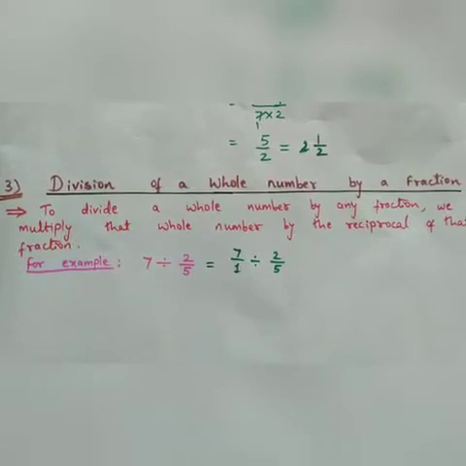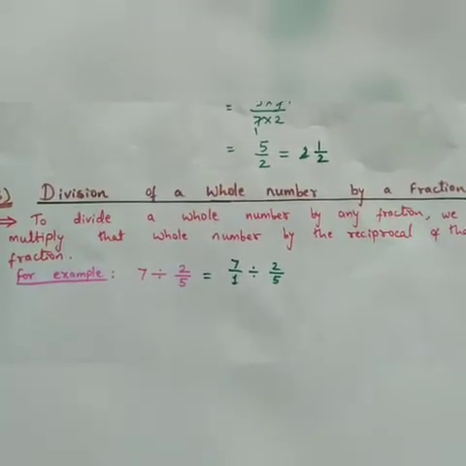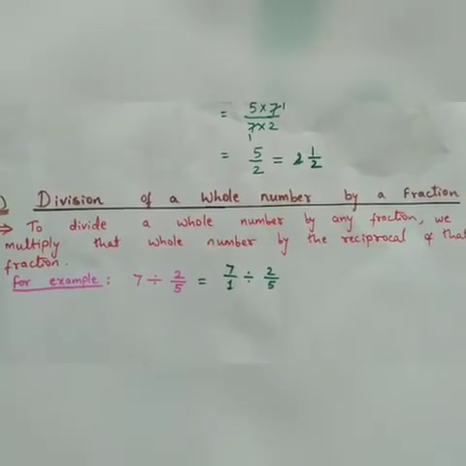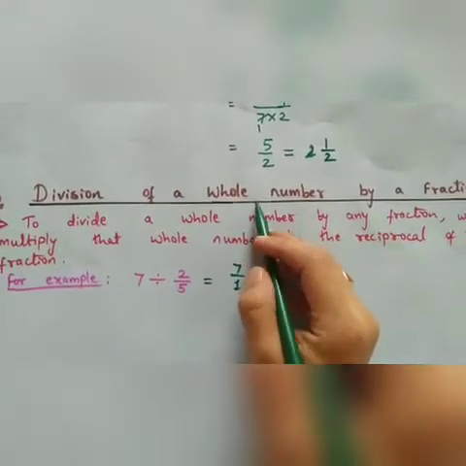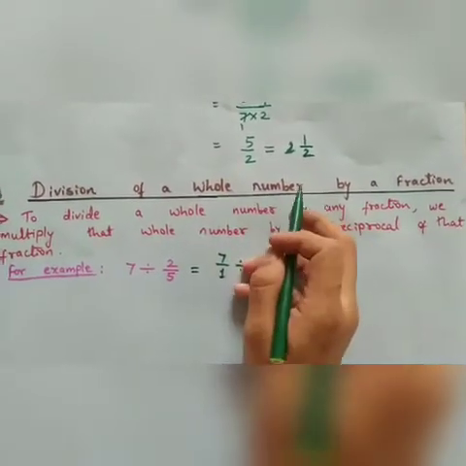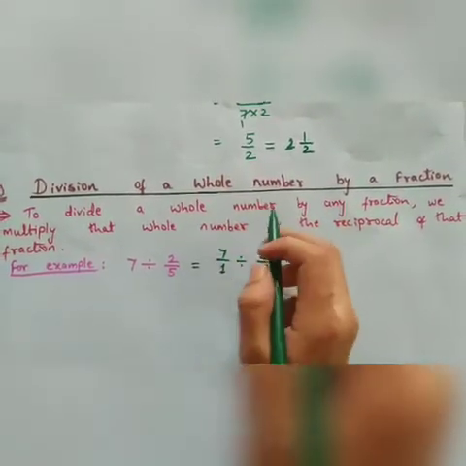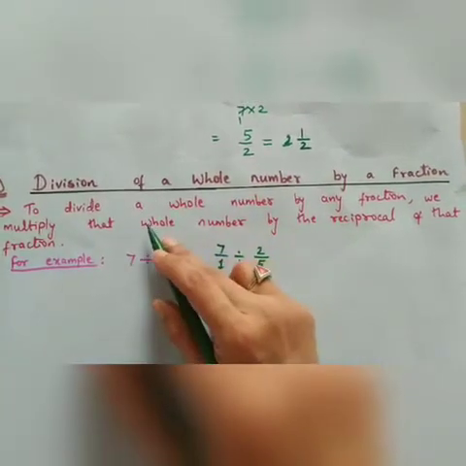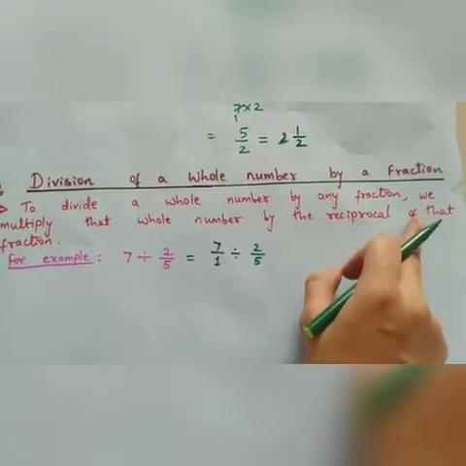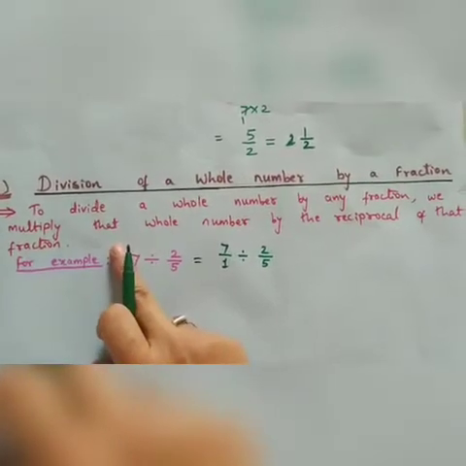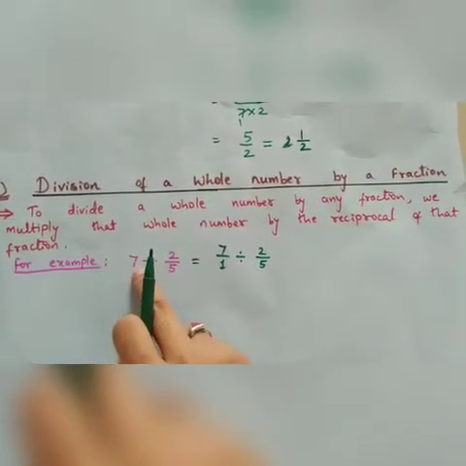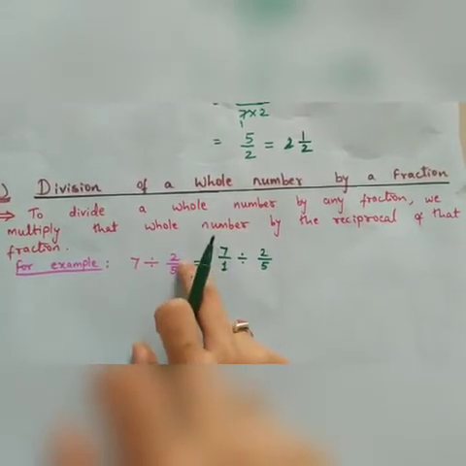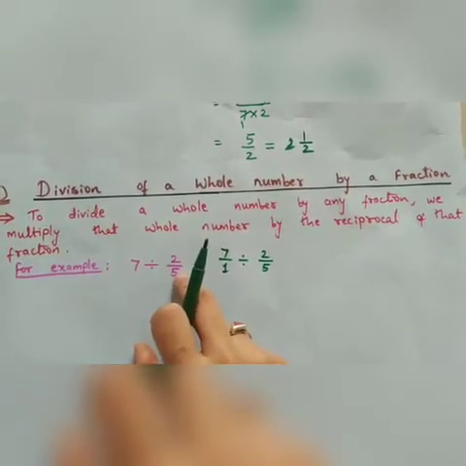Now third topic is division of a whole number by a fraction. So in this we have to divide a whole number by a fraction. For dividing a whole number by any fraction, we have to multiply that whole number by the reciprocal of that fraction. So for example, we have taken one whole number, that is 7, and the fraction 2 by 5.